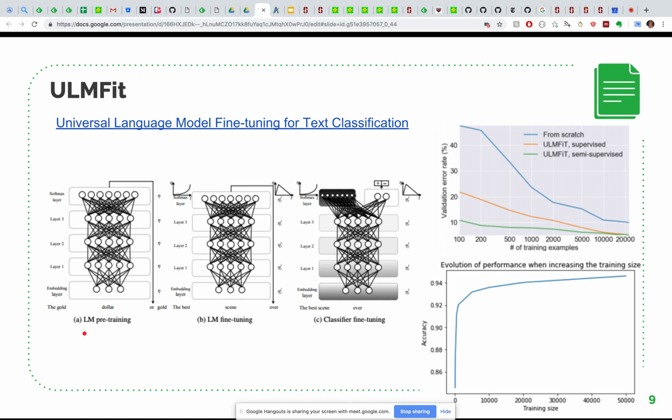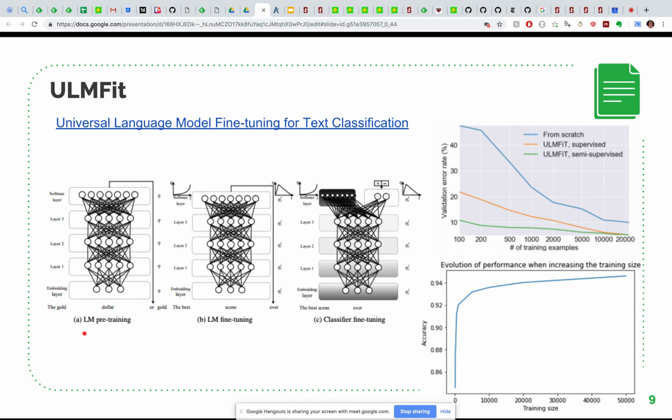So after language modeling, they took a lot of care on what they do next on the text classification task, especially on the language model fine-tuning. You fine-tune your language model on the specific task that you want to transfer the knowledge to.